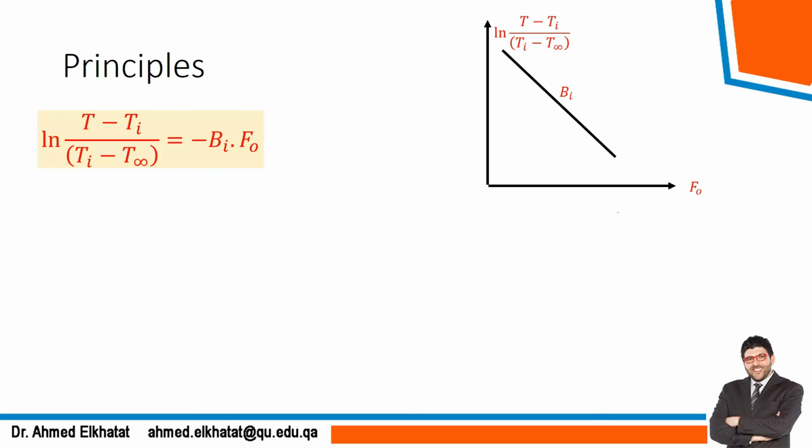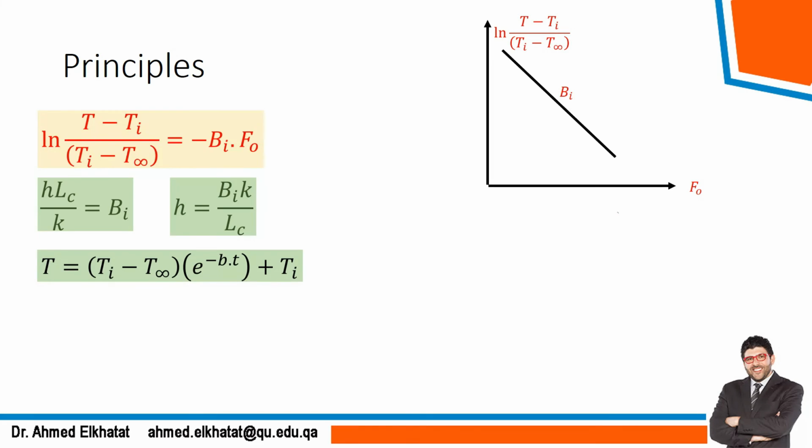And if it is 0.1 or less, then we can consider this shape a lumped capacity model, and we can calculate h from the Biot number. So here we can say that h equals Bi times k over Lc. And then we can determine the temperature.